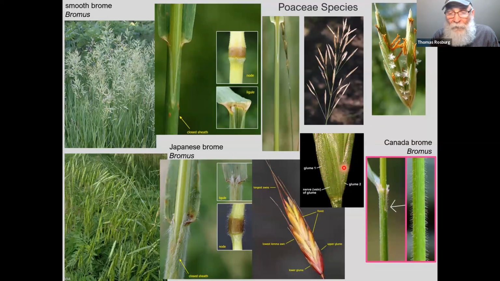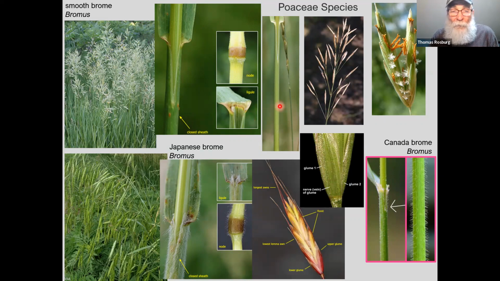The point I'm making is that the lowest glume, which is called glume 1, you look at it and determine whether there's basically just one vein or if there are 3 to maybe even 5 veins. The number of veins on the lowest glume separates the bromes into two main groups. Those that have just one vein, mostly, might have two really short, faint veins towards the base, but really may just have one complete vein that goes the entire length.